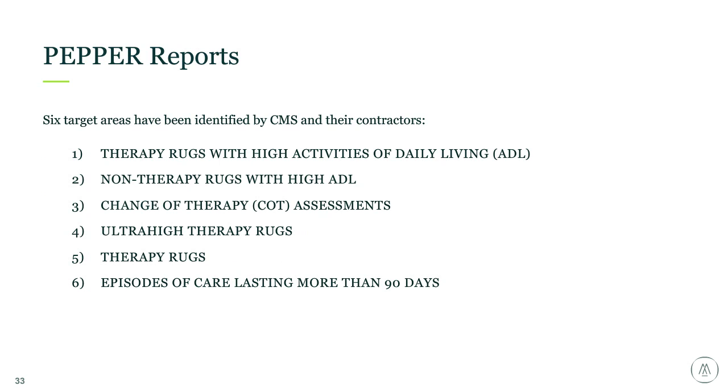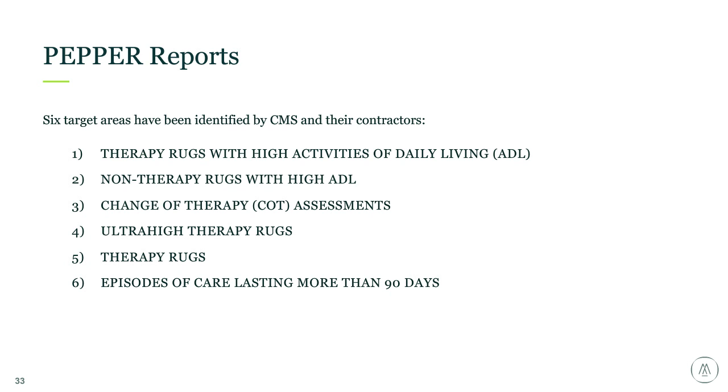Now, it's interesting, in conjunction with your risk assessment, using reports like PEPPER to go through and see what CMS and others are looking at can help frame out some of those risk areas. So within PEPPER, looking at those therapy RUGs with high ADLs, non-therapy RUGs with high ADLs, COT, ultra-high therapy RUGs.